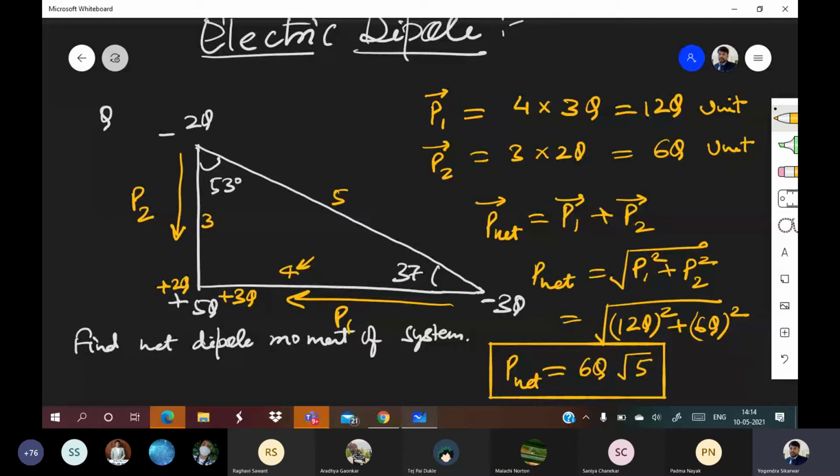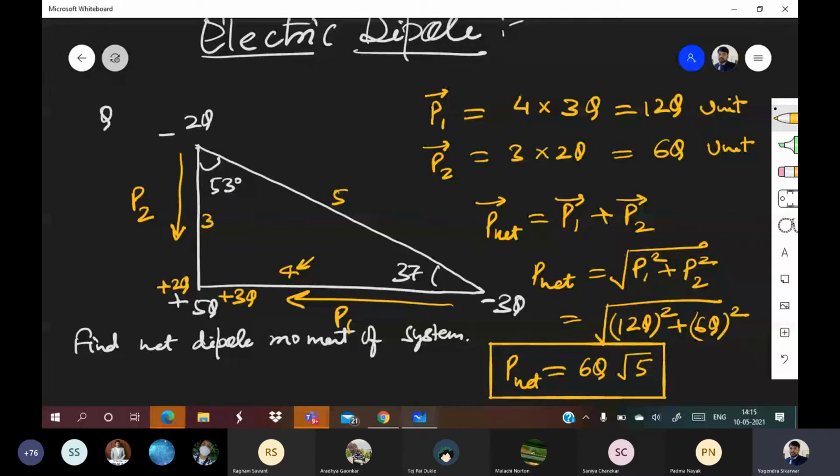So basically, in this question, we saw plus 5q at one place and minus 3q and minus 2q at two other places. If we look closely, plus 5 and minus 5 gives 0. So by doing some arrangement, we can create a dipole, and that we did.